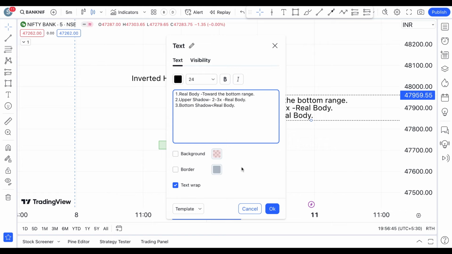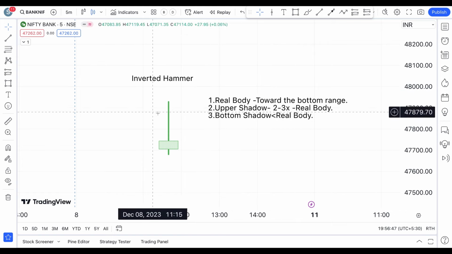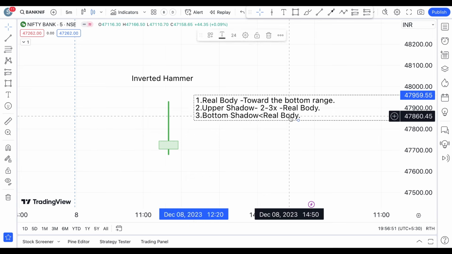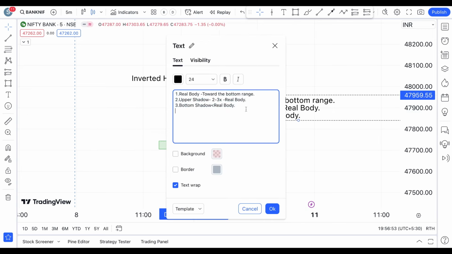This explains the anatomy of the candle, and these are the 3 points that you have to remember. One more thing is that the color of the candle doesn't matter. You can have either a red candle or a green candle. Color is not important.